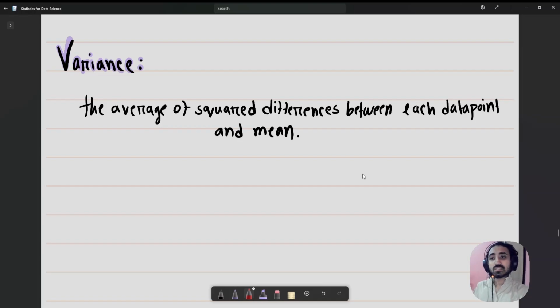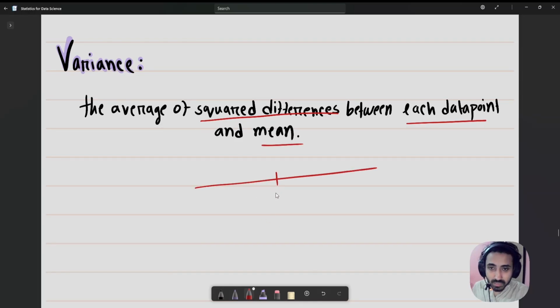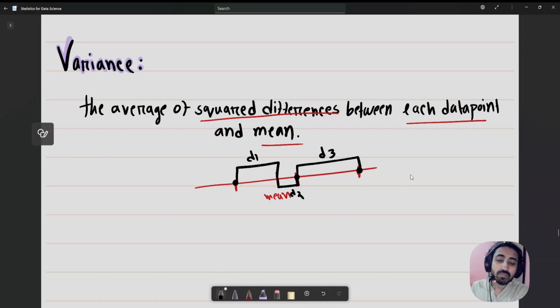So what is variance? Variance is the average of squared differences between each data point and the mean. So let's say this is the mean and this is a data point. This is the difference 1. So the variance is defined by this.